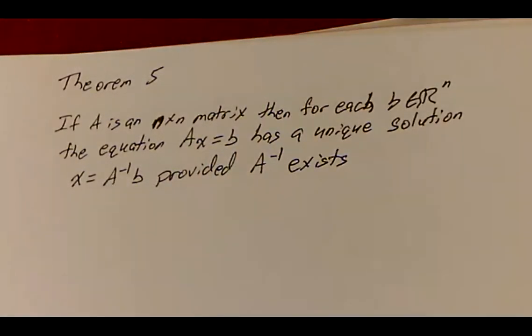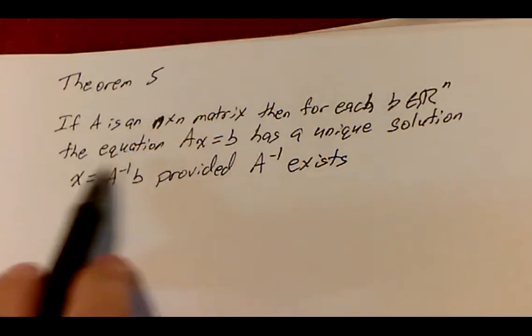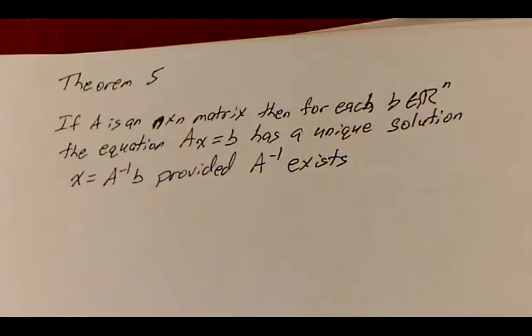So if A inverse doesn't exist, if the matrix is not invertible, then you don't have this property. This only works if you have that A inverse exists.